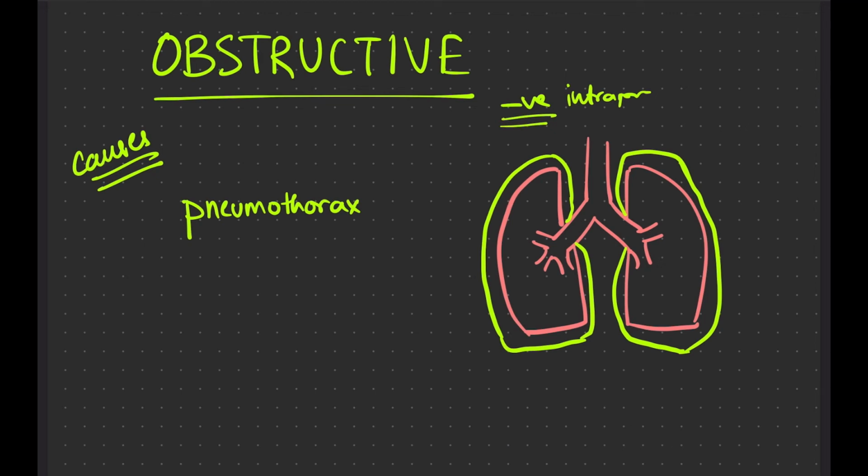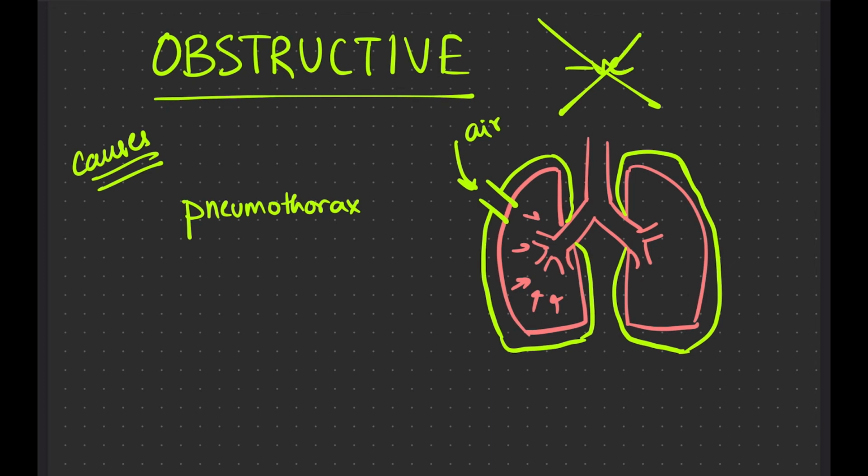Now suddenly if there's trauma, an injury, like in the Good Doctor case, where a shard of glass entered the chest wall, the parietal pleura gets injured, air rushes in from outside and this negative intrapleural pressure is destroyed. This will cause the lungs to collapse.